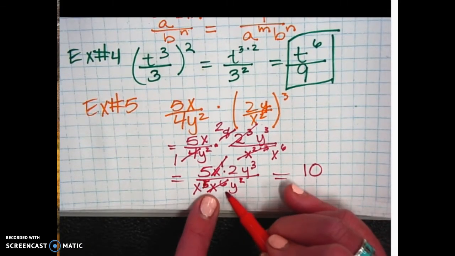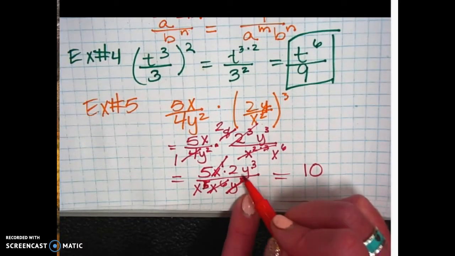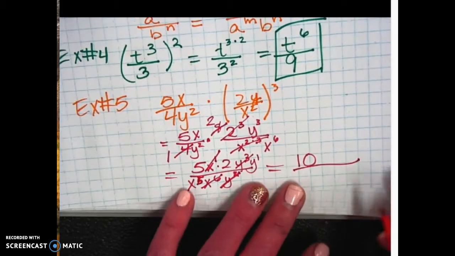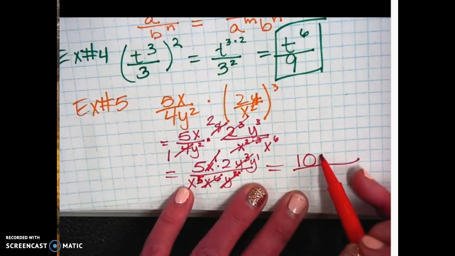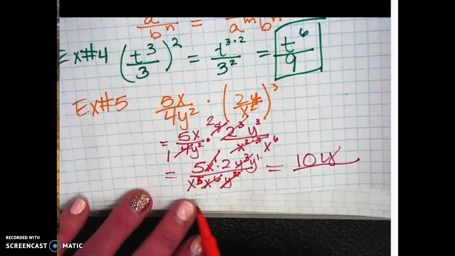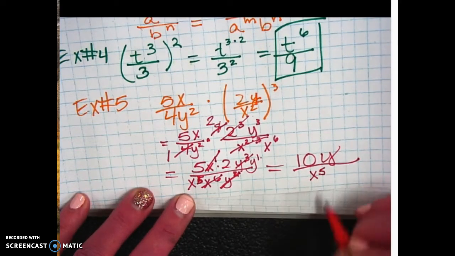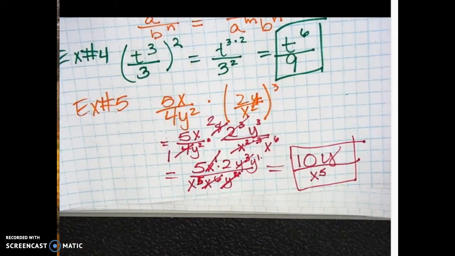So y to the second is gone, y to the third becomes y to the first. Okay. Last step, I think. Yeah, it should be. Okay, we're left with 5 times 2, which is 10, and then just a y to the first. That's your numerator. Denominator, just an x to the fifth. And that's as far as we can go. All right, finish copying that down.